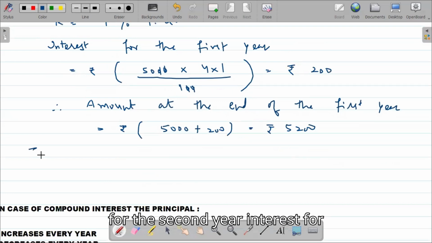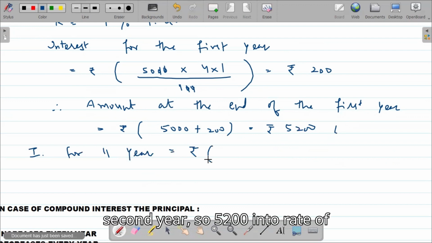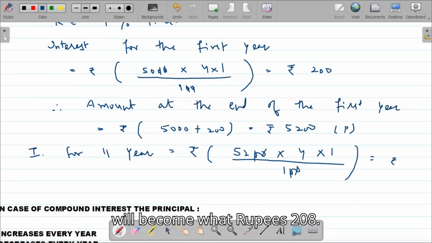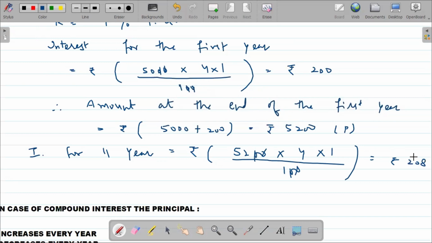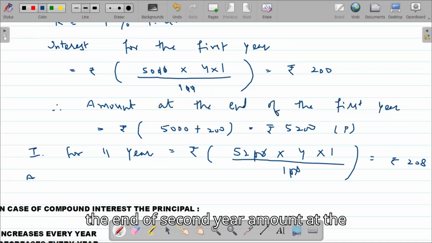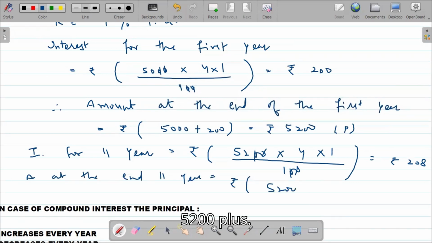So the interest for the second year would become 5,200 into the rate of interest upon 100. Cancel it. So it will become rupees 208. In our next step, the amount at the end of the second year would become rupees 5,200 plus 208, that is 5,408, of course.